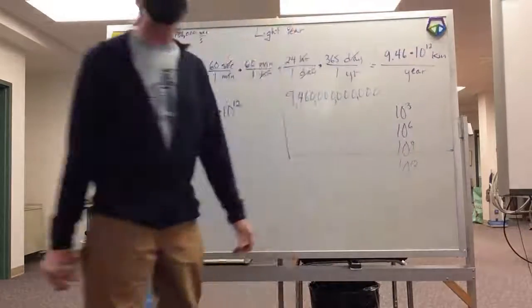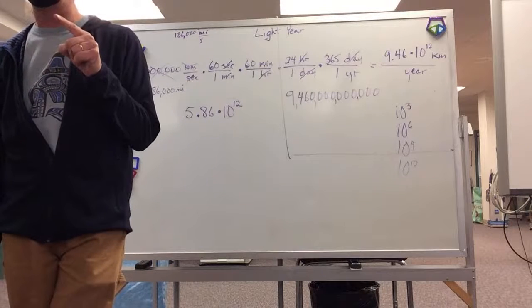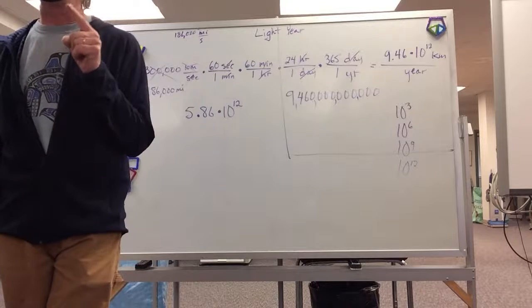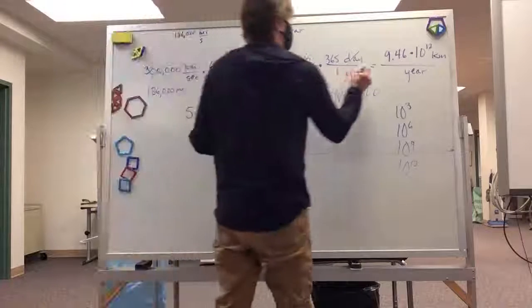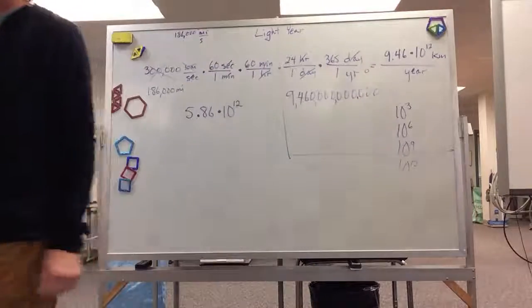If we took the Milky Way galaxy, which is one of billions of galaxies, and you looked on the clearest of nights, that's how far you get to see. The rest of it you don't see.